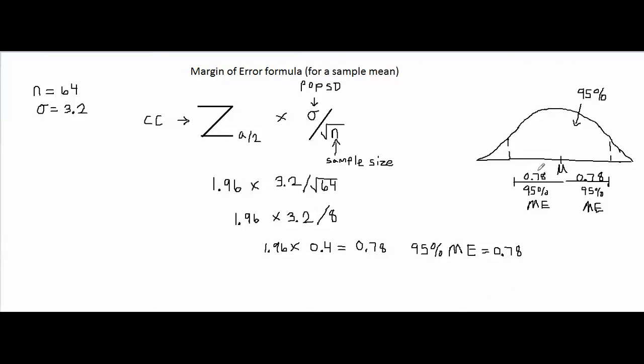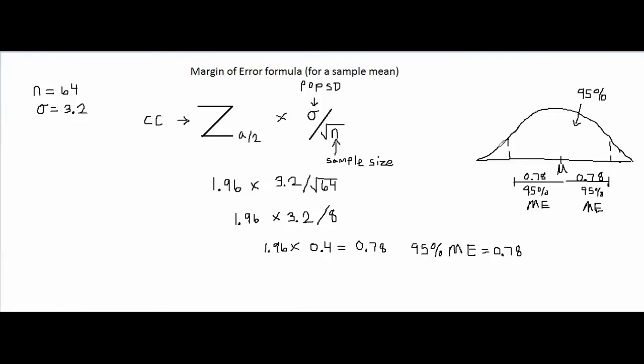So the 95% margin of error is just the distance from the unknown population mean that I'm estimating to the lower end and the upper end of the middle 95% of the possible samples. Now, if 95% of the possible samples have a sample mean in this area, then that must mean that 5% of the possible samples have a sample mean outside of this area in the two tails.